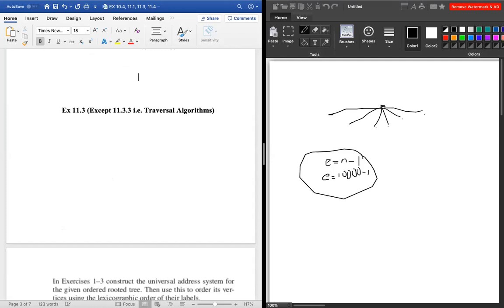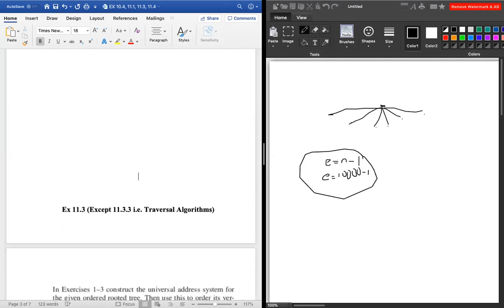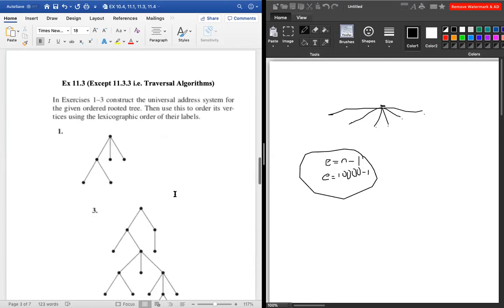It's going to be 11.3, and we won't be doing the traversal algorithms here in this exercise. Which cuts down a lot of content from this exercise as well.